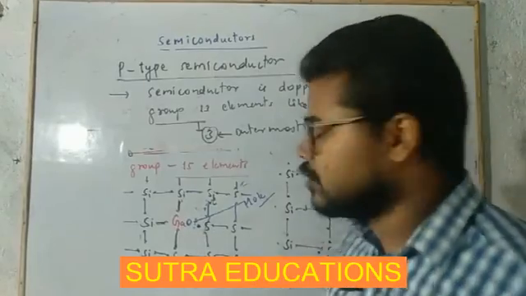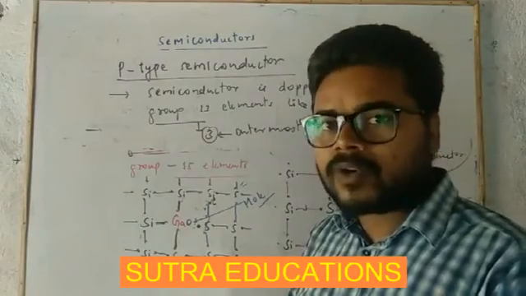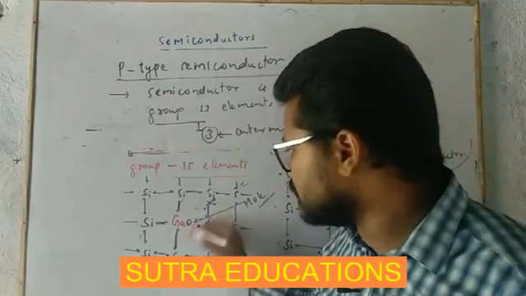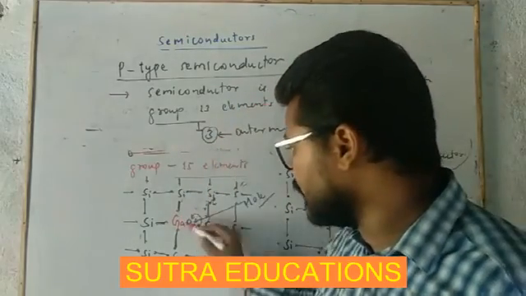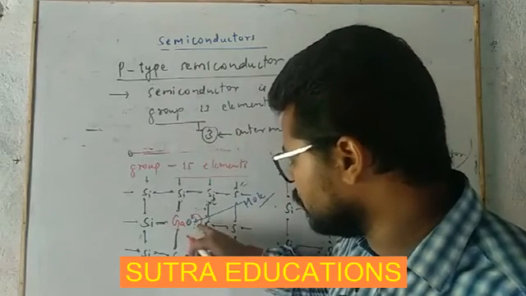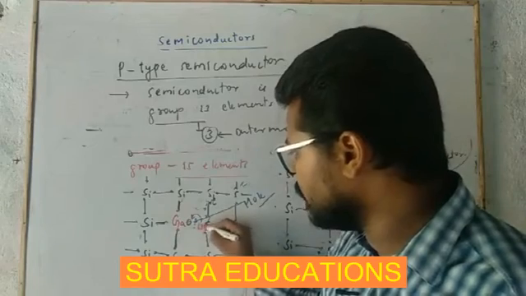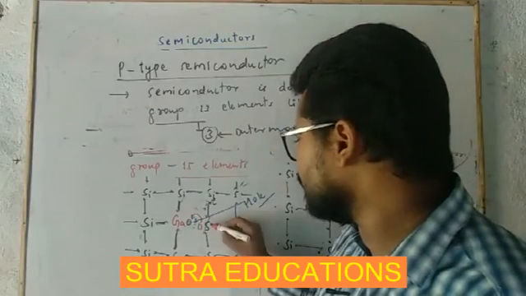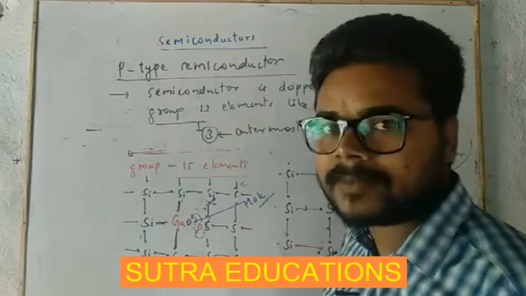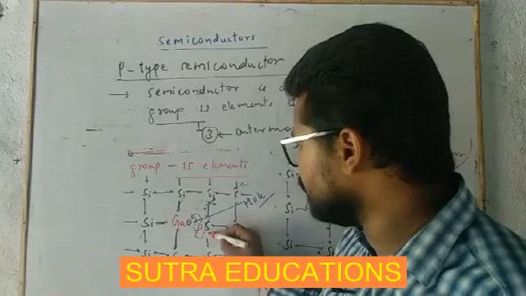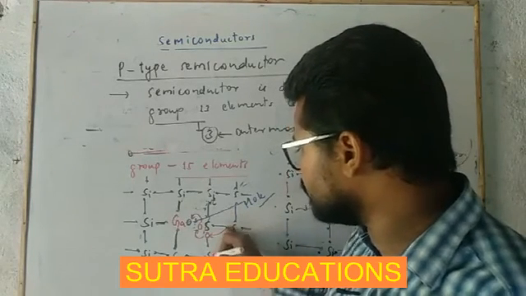So this hole can be occupied by an electron which is present nearby. This electron will occupy this hole, and due to which at this position a hole will be created. Again, say this electron is going to occupy this hole, then at this place a hole will be created.